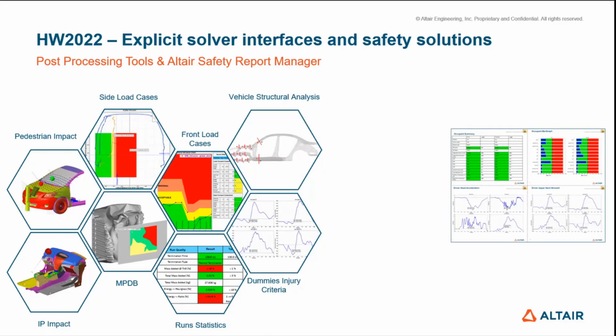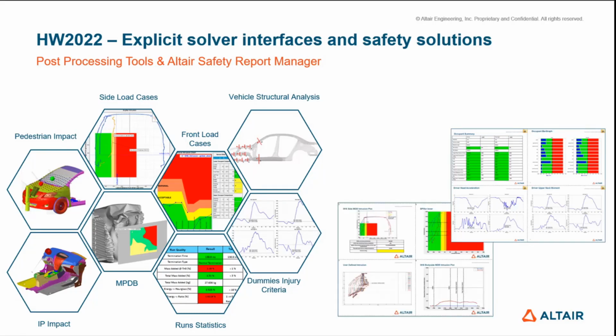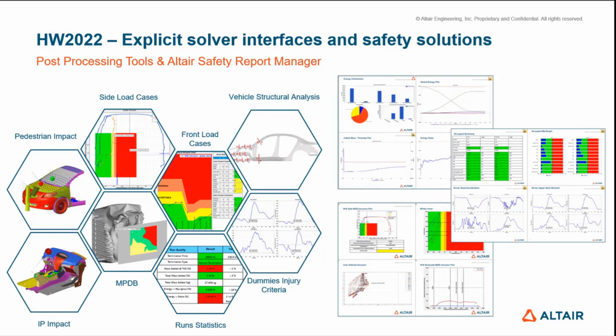And I would also point you to the Altair Safety Report Manager, which is also a very important and interesting tool, which gives you the ability to perform a complete and detailed reporting of your vehicle crash analysis, from vehicle structural analysis to the different key points like dummies, injury criteria, and so on.